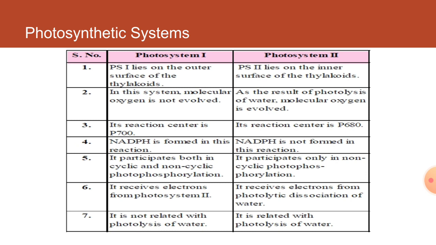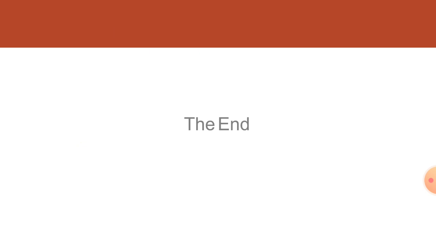These are some of the differences between photosystem 1 and photosystem 2. Both are nothing but chlorophyll molecule groups. So in this video lecture, what have we learned? We have learned red drop. Red drop is nothing but the sudden fall of photosynthetic rate after the red region.